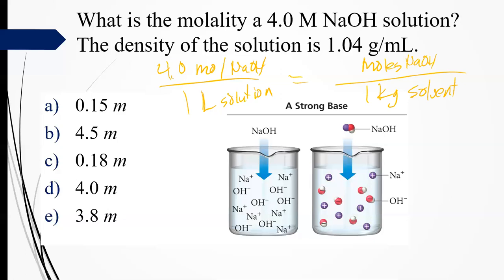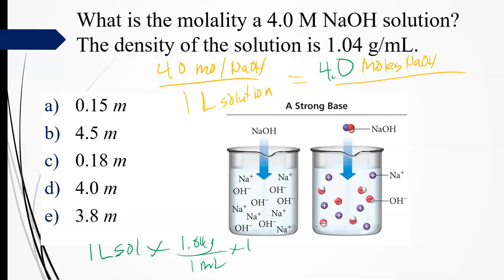So if I had 1 liter of our solution, we know that that would be 4.0 moles of our NaOH. Now I need to find out what the mass of that solvent is. So if we take 1 liter of our solution and multiply it by its density, we can figure out how many grams our entire solution would be: 1,040 grams of our solution.